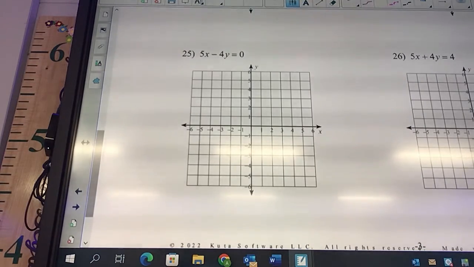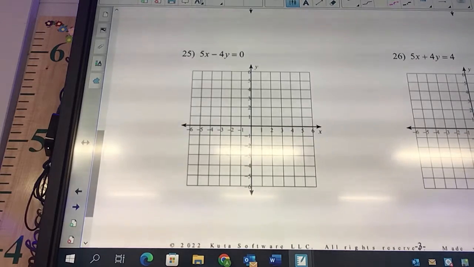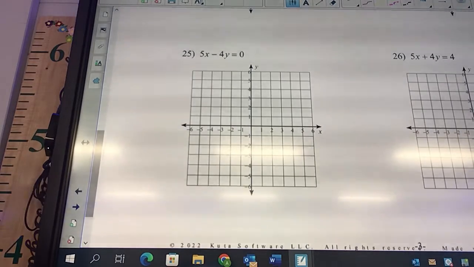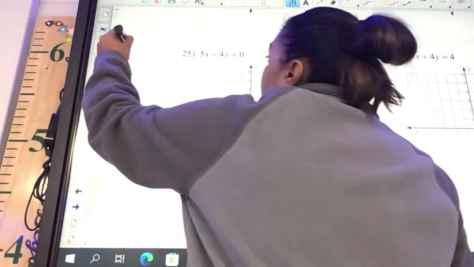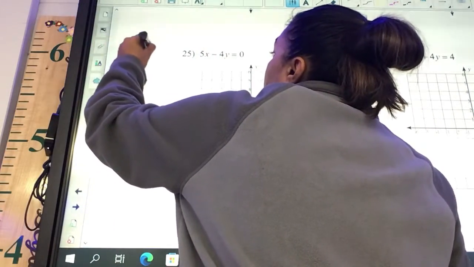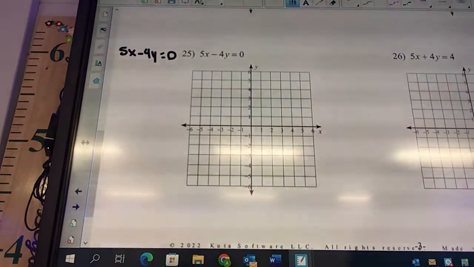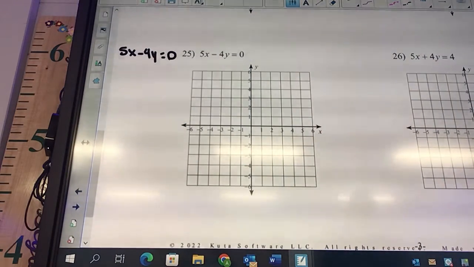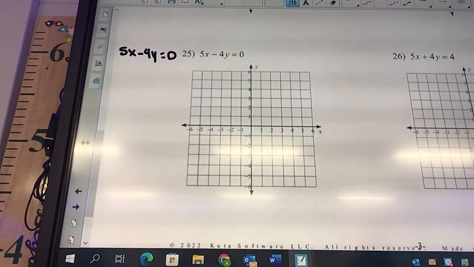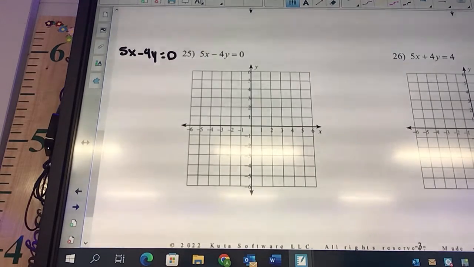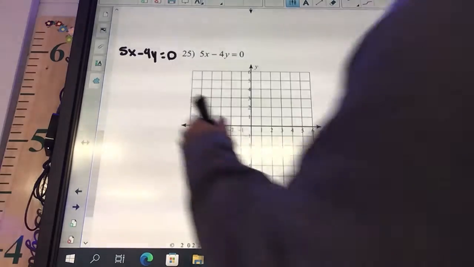No, so you need to solve it. What is your first step always? Yeah, you guys subtract what? Help her out. What do we subtract first? The x's, okay? So we're going to say minus 5x.